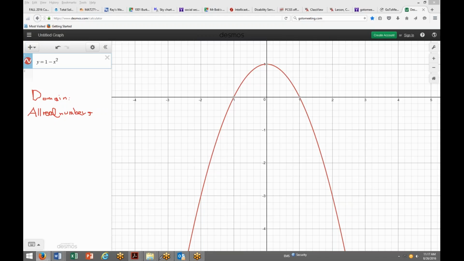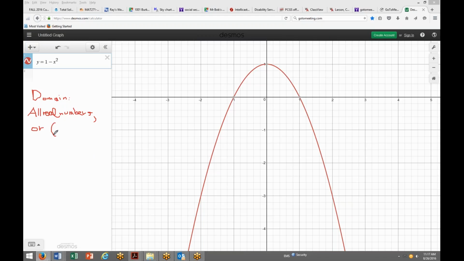But oftentimes symbols, as you well know, can shortcut a presentation of information. So we can say all real numbers, or we can use, as you're going to be using in your homework and on the tests, interval notation as we call it.